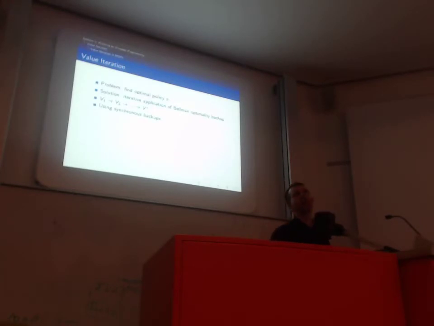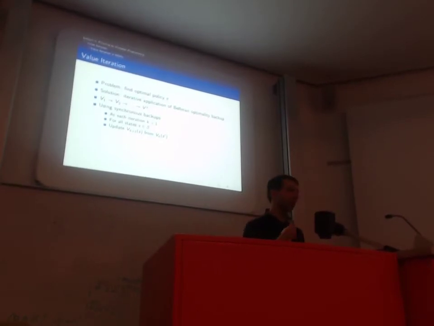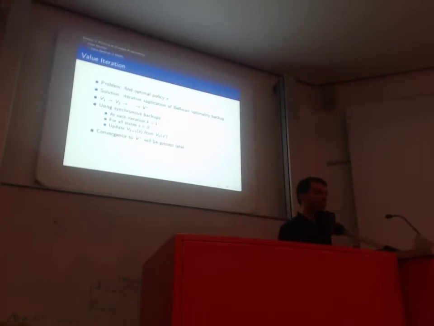And we use synchronous backups again. In other words, we just do this over the entire state space at once. So the algorithm looks a bit like this. Each iteration, we're going to apply this idea to every single state in the state space. So we're basically going to update the value of the current state from our estimated value at the next state. And we're going to use the Bellman optimality equation to do that. What's interesting here is, unlike policy iteration, this whole algorithm works without ever explicitly saying what the policy is.